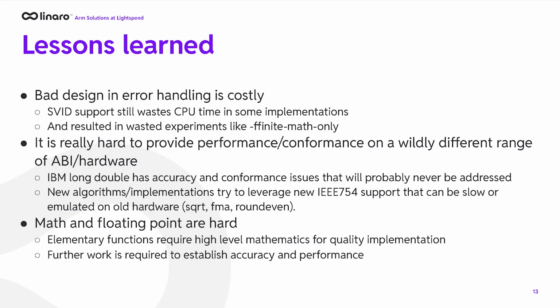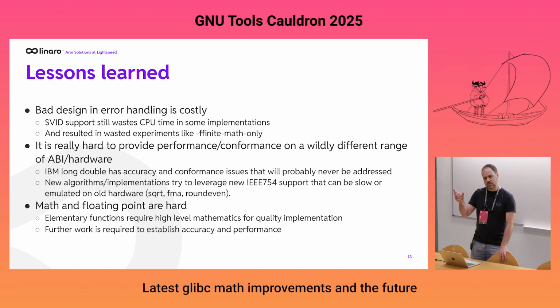Another thing that still hurts us even now is bad error handling design, because we still have support for SVID, which is a standard global variable where you can define the kind of error you expect. It still wastes a lot of CPU time because we need wrappers for each math function.